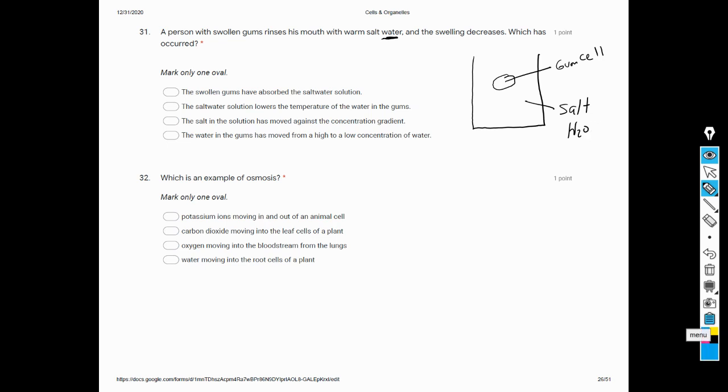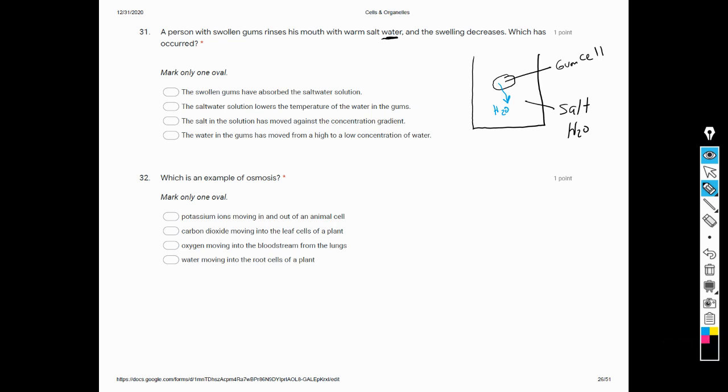The way to remember this is that water is always going to flow to the region where the most salt or sugar is. Since we're exposing the gum cells to a saltwater solution, the water is going to leave the gum cell and go into the solution. When the water leaves the gum cell, the cell will decrease in size, and so the swelling decreases.